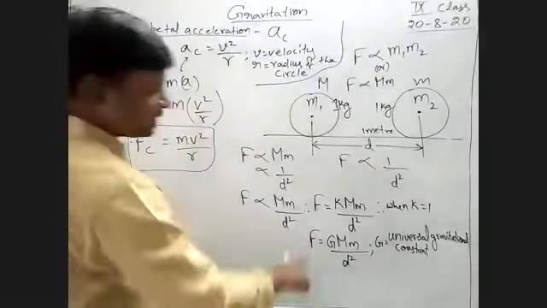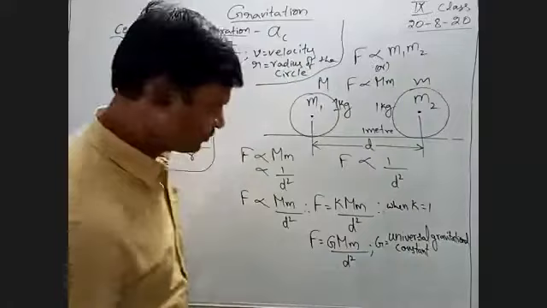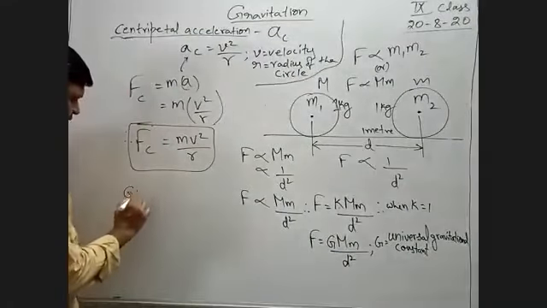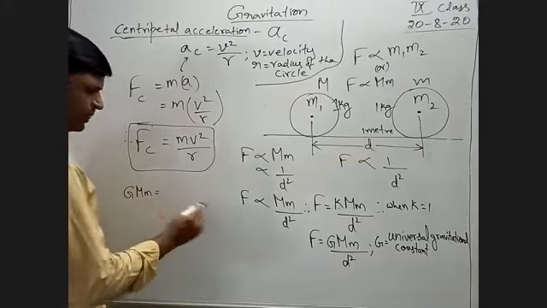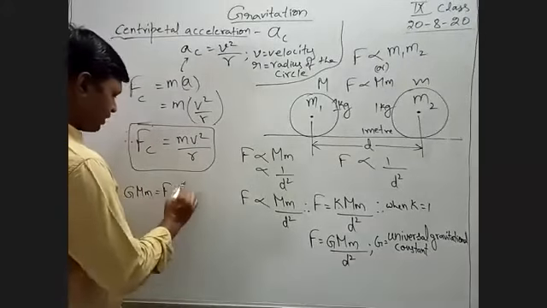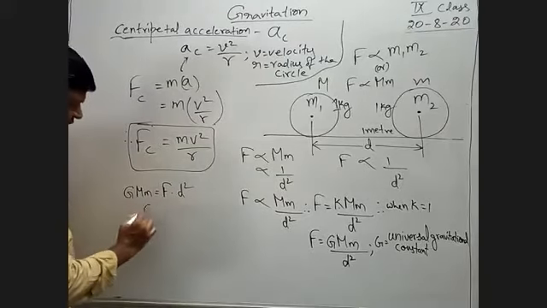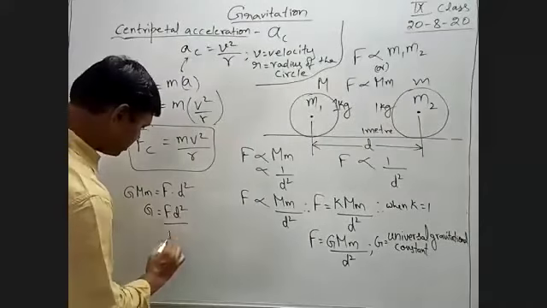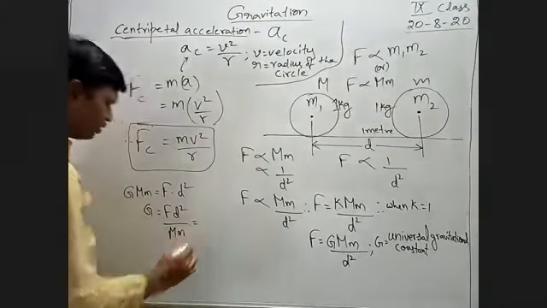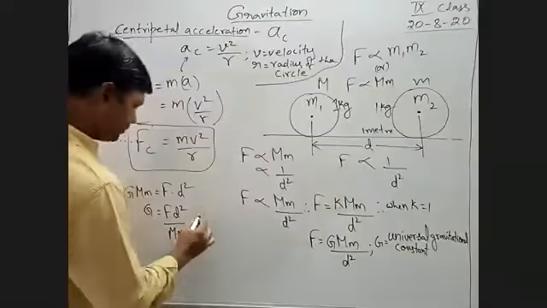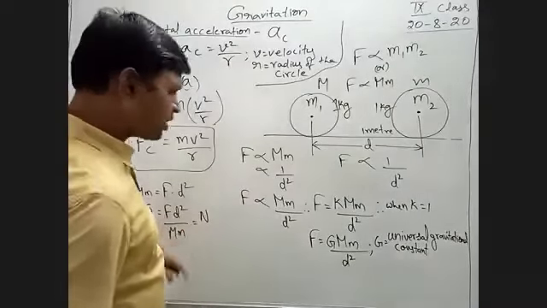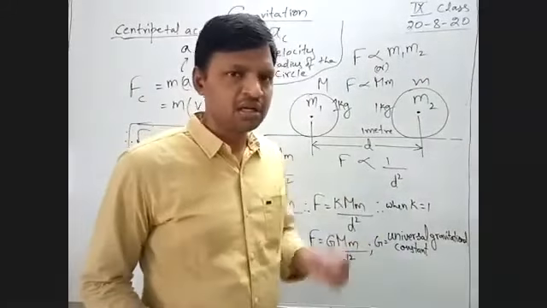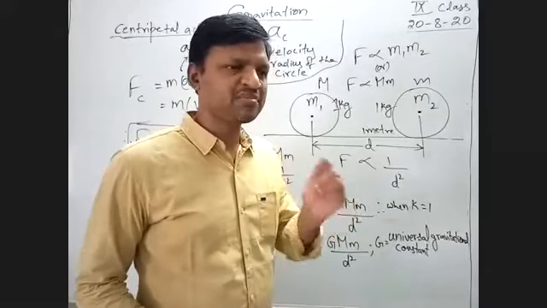To get the formula for G, G m1 m2 equals F into d square, so G is given as F d square by m1 m2. The SI unit for force is Newton. d square means distance into distance, and the SI unit of distance is meter, so meter into meter, meter square.